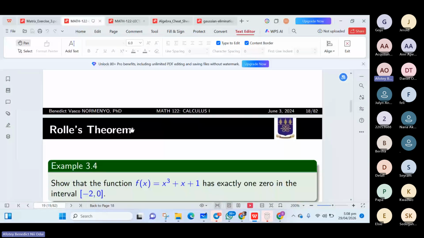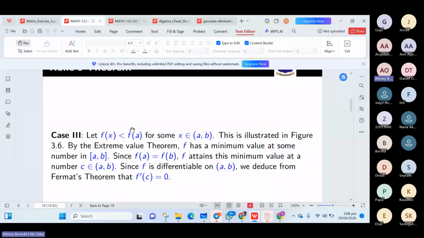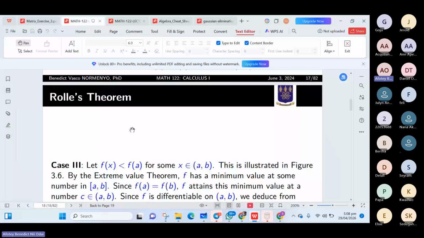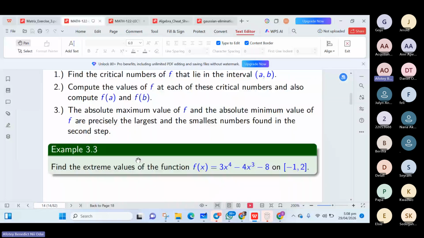So for the extreme value, the intermediate, the Rolle's theorem, please take note. There are times that you have exactly one. Let's look at the Rolle's theorem. There exists at least. So this one is saying at least. Let's look at the extreme value theorem.